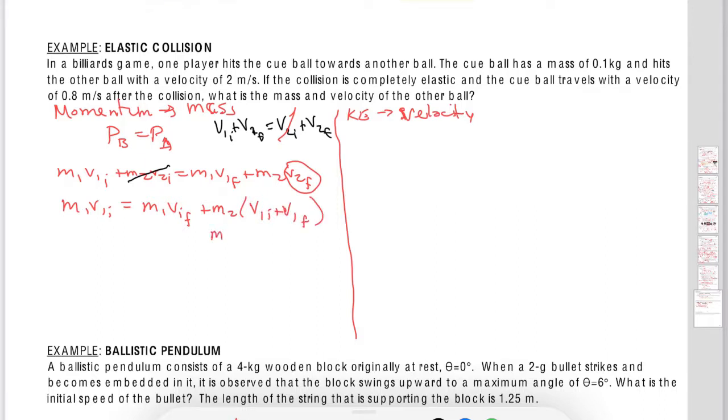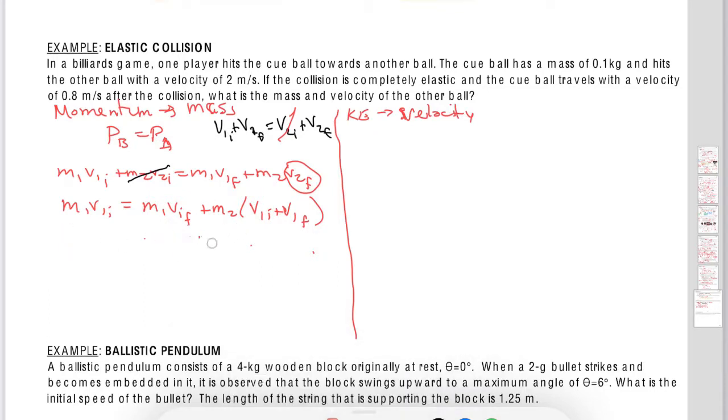Expand this out. This becomes M2 V1 initial plus M2 V1 final, plus M1 V1 final equals M1 V1 initial. So get everything over there that is not M2. Actually, you know what? We don't need to expand it, because it would be easier for us to not expand.